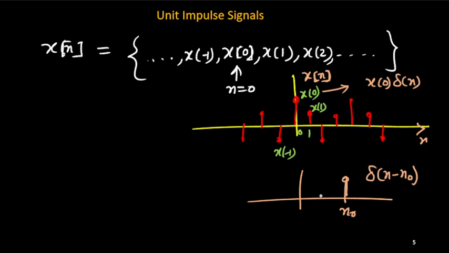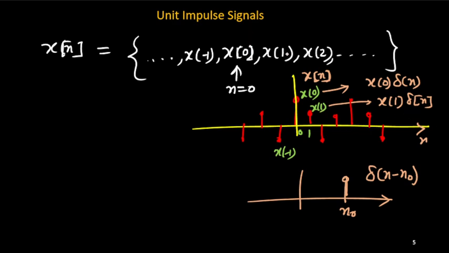Okay, so it is located at n equals to n0. There is only one sample, that will be considering del of n minus n0, but its amplitude is different. Its amplitude is x of 0, then it is x of 0 del of n, and similarly this one I can write x of 1 del of n minus 1, like that. Is it okay?